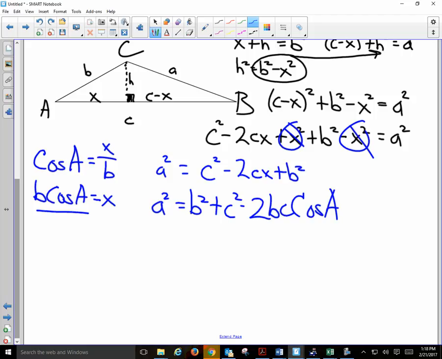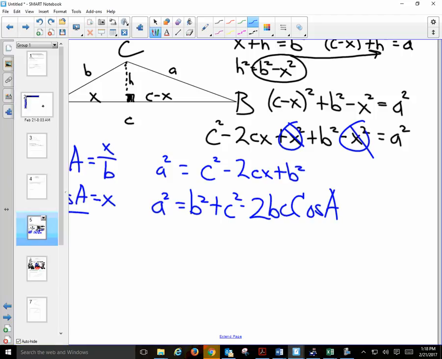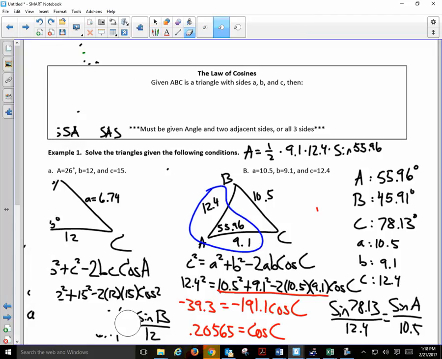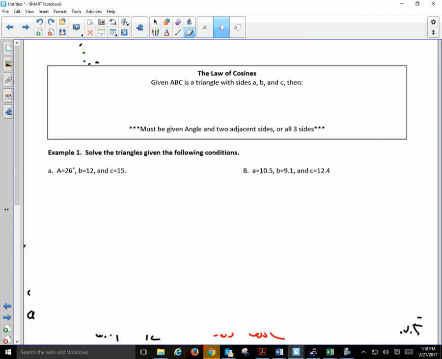So we can write down the law of cosines in 3 different ways. We're just going to do 2 examples today, but first I'll write them down.